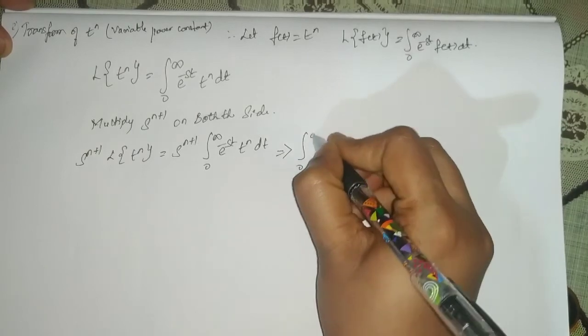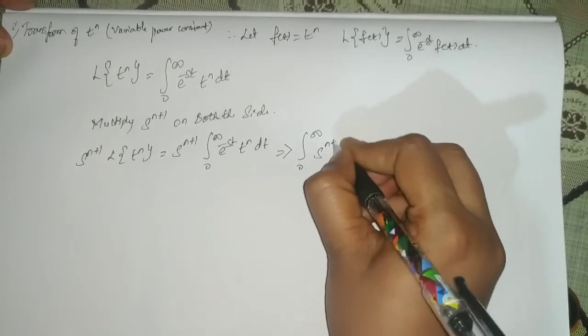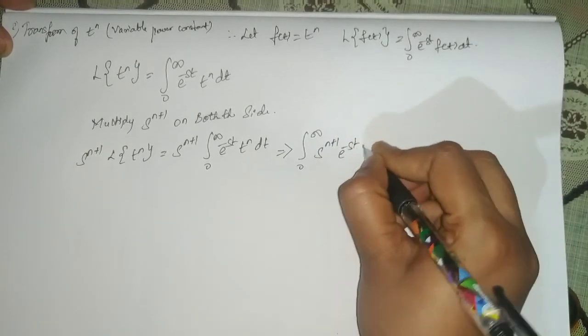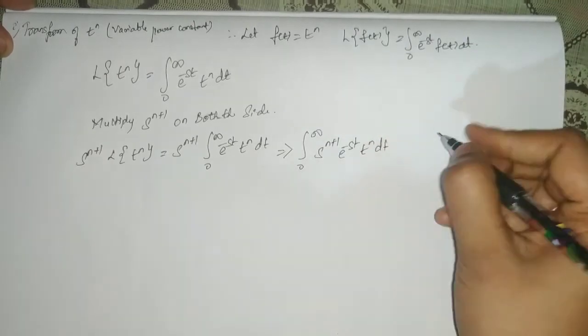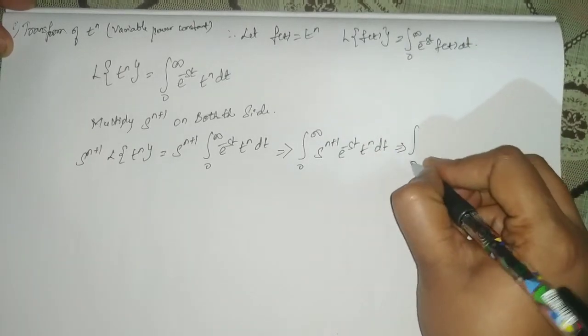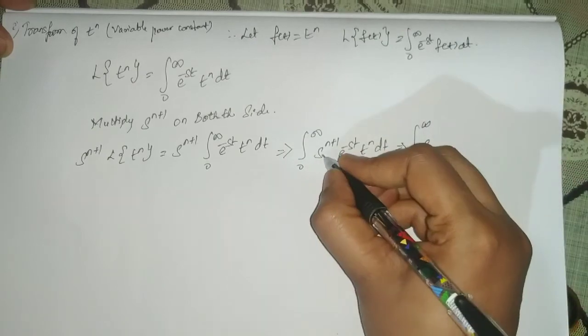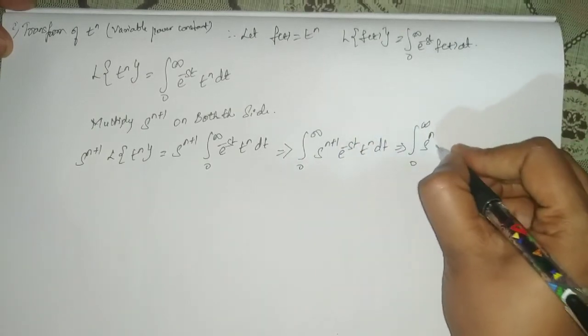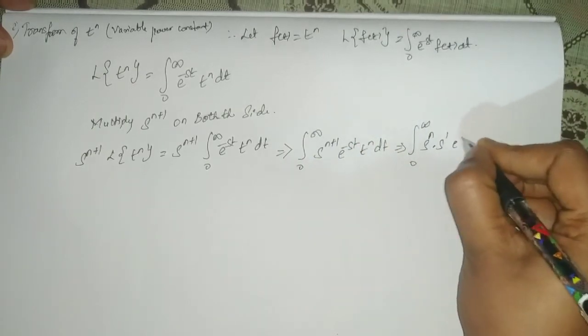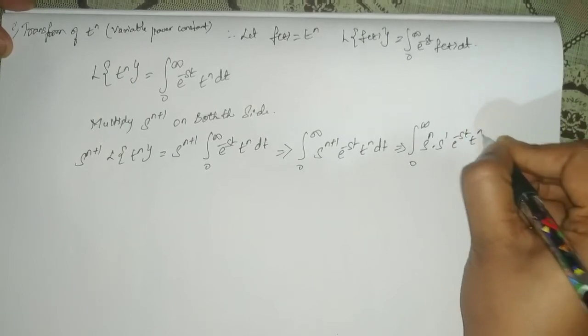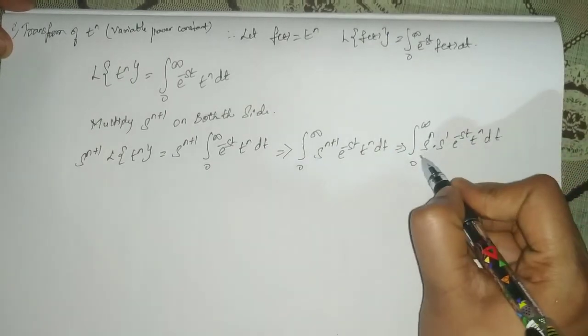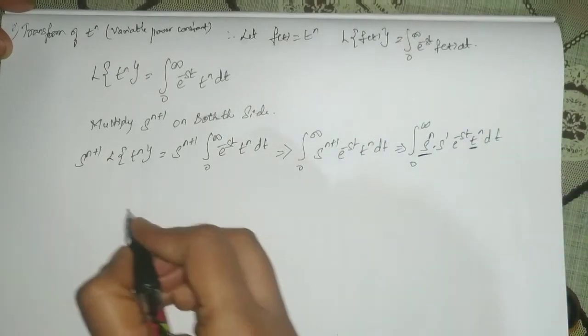So 0 to infinity s power n plus 1 e power minus st t power n into dt, which can be written as 0 to infinity e power minus st t power n into dt with the base separated from powers. So I'm just combining the powers of n together.